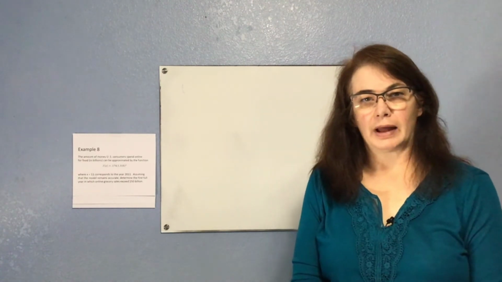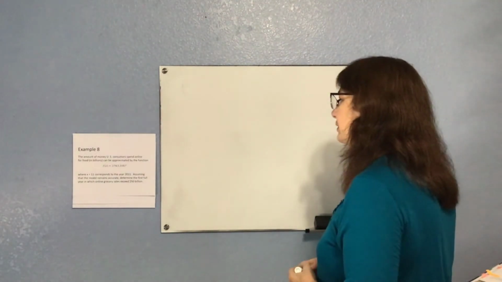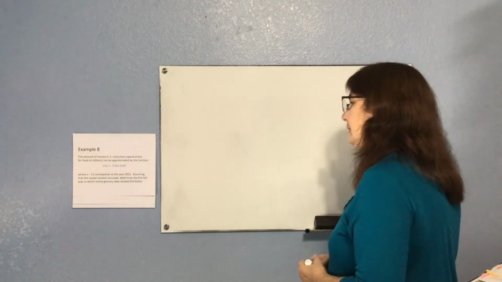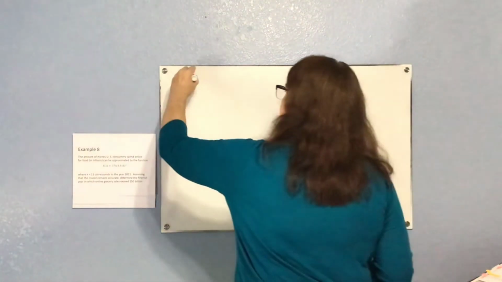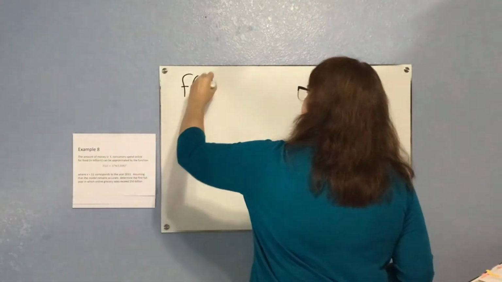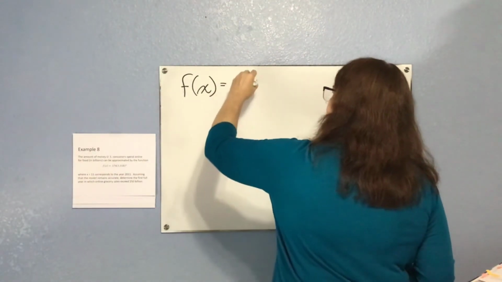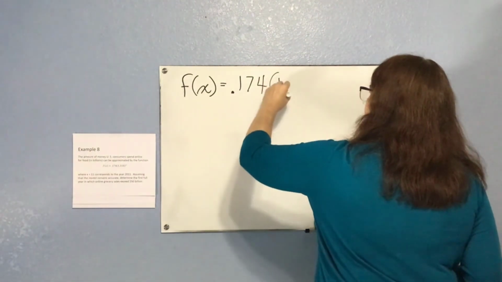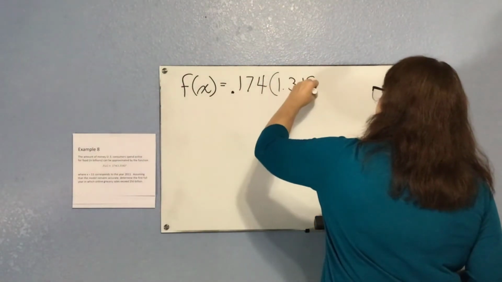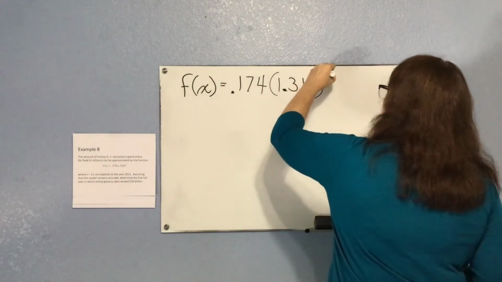Here's another practical application problem. The amount of money U.S. consumers spend online for food in billions can be approximated by this function. F of x equals 0.174 times 1.318 to the x power.